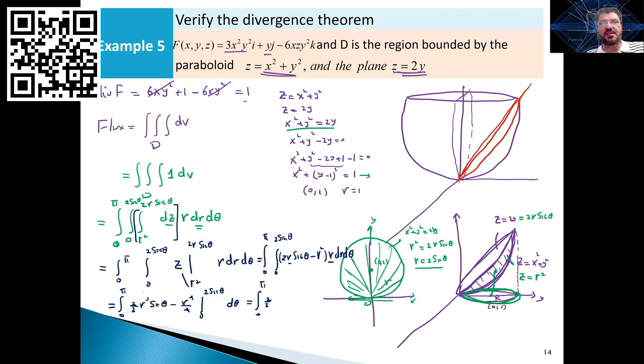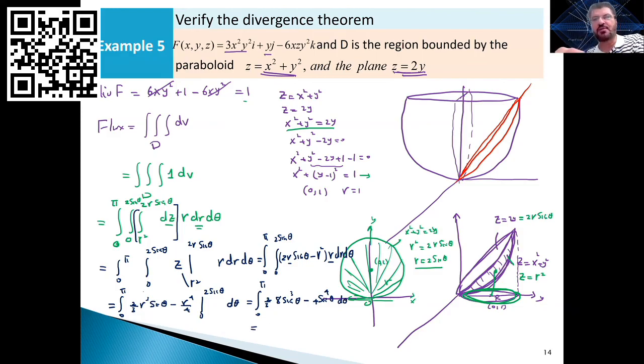If I put 2 sine theta cubed, it will get 8 sine cubed theta. 8 sine cubed theta minus, if I put it here, I will get 16 over 4, which is 4 sine to the 4 theta, all of that d theta. And then we finish all of that, guys.